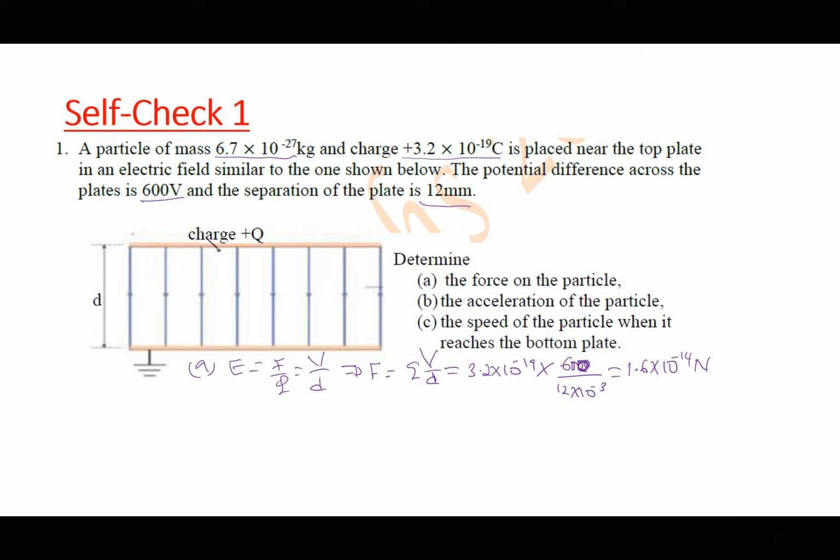Part B, the acceleration of the particle. We know that force is equal to mass times acceleration. We have already the force, we don't need to waste time. So the acceleration will simply be the force, 1.6 times 10 power negative 14, divided by the mass, which is 6.7 times 10 power negative 27.